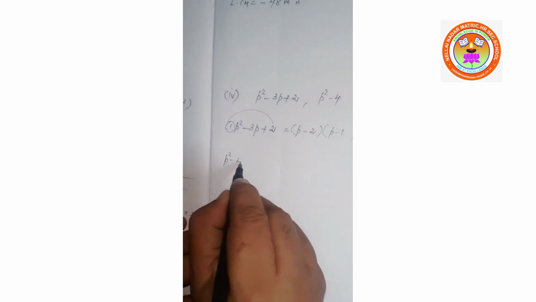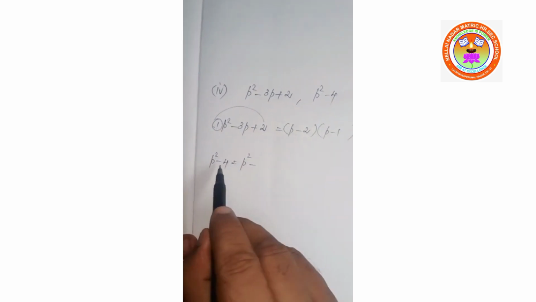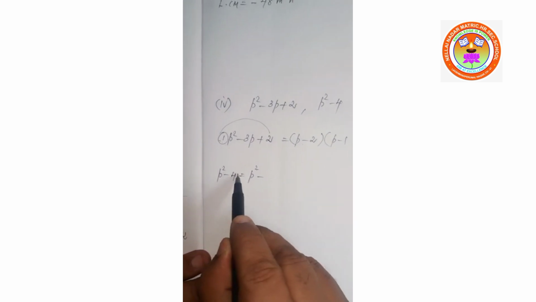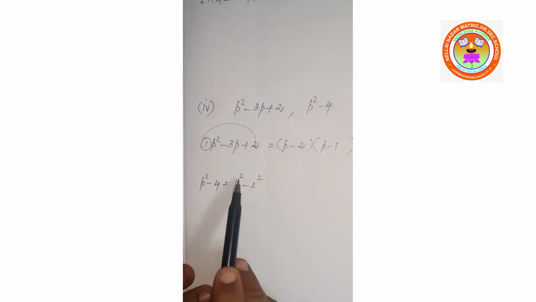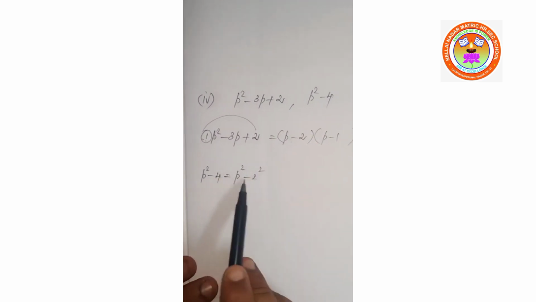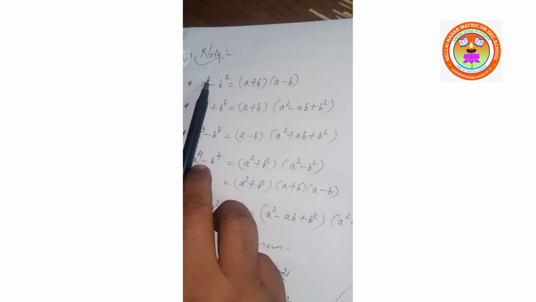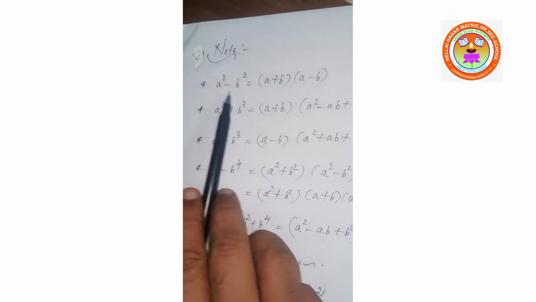P squared minus 4. Listen carefully, p squared. Since we have the power 2, the 4 itself can be written as 2 square. Here power 2, here power 2, in between what sign? Here minus. And now look at the identity. In between what sign? Minus. So definitely you have to apply this identity.